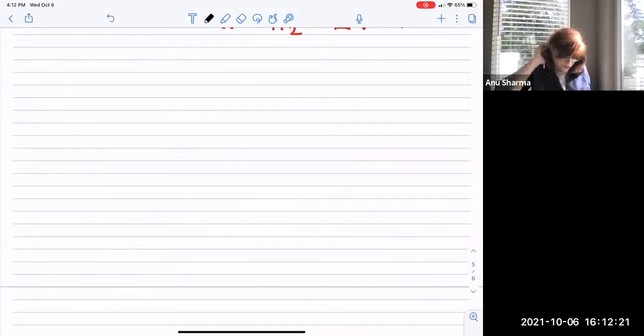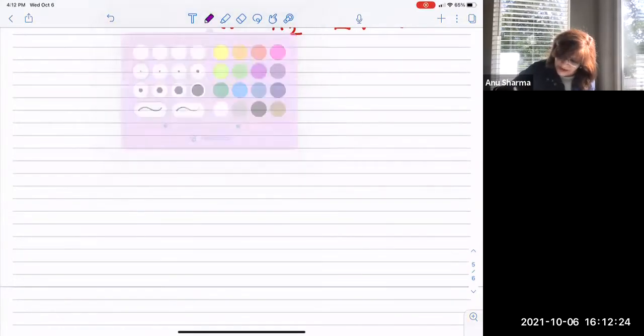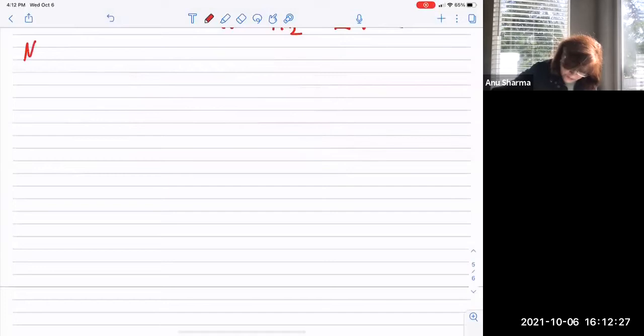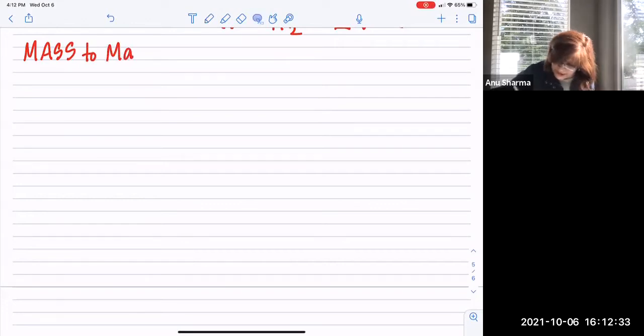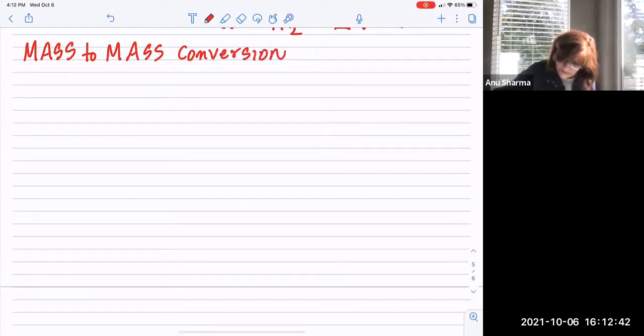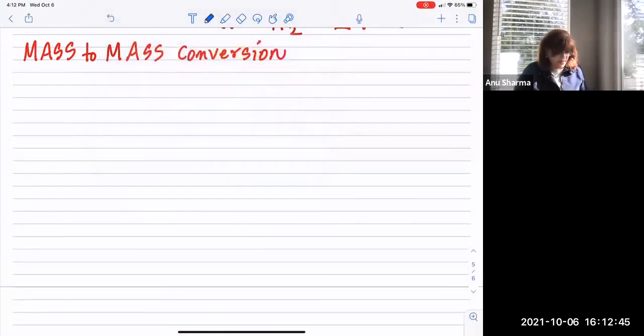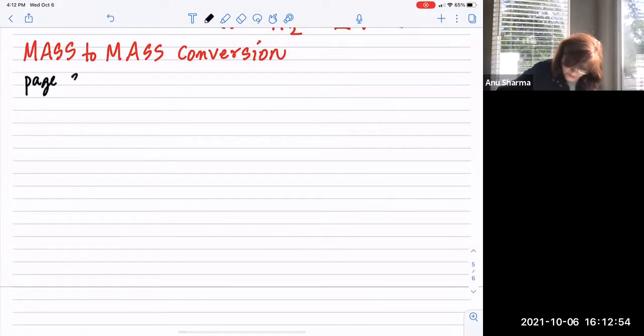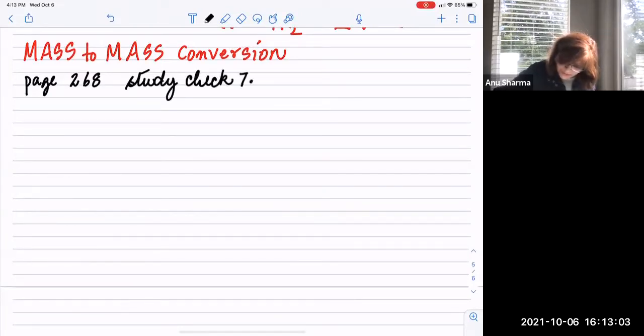So basically it's the mass to mass conversions, and this is based on the same strategy we discussed earlier.